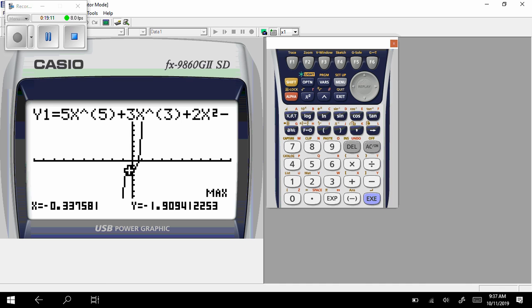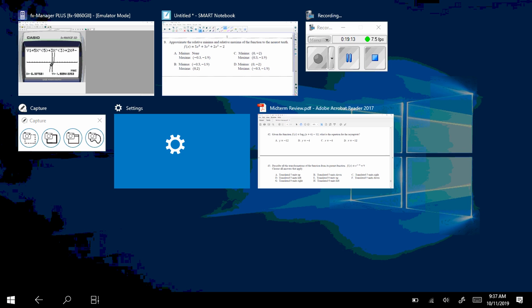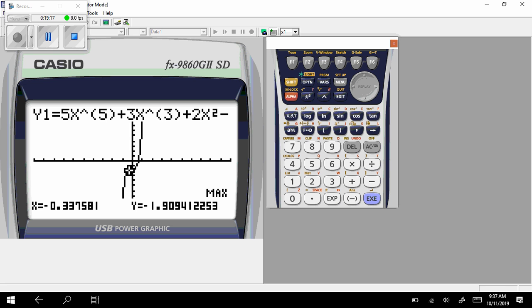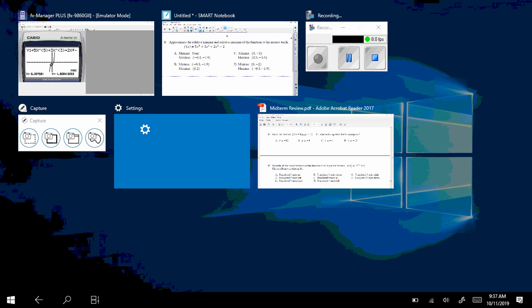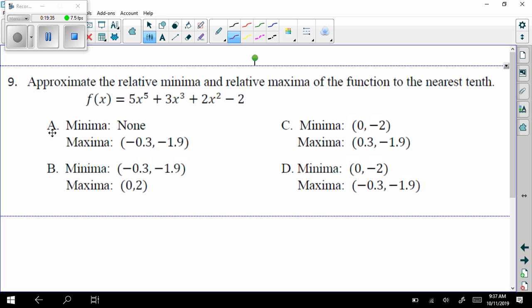So looking at our options, that looks like A is right, and so is D as far as the maxima goes. It could be A or D. This one's right, and that one's right. The other ones are wrong.